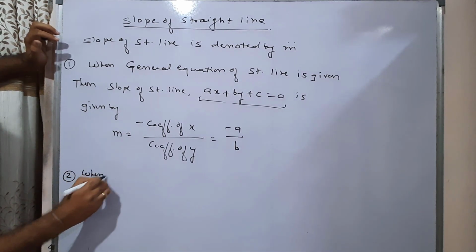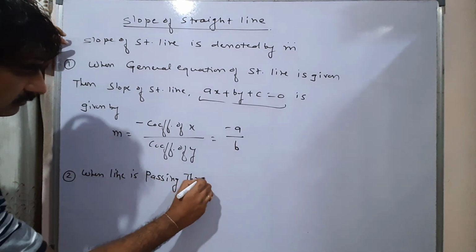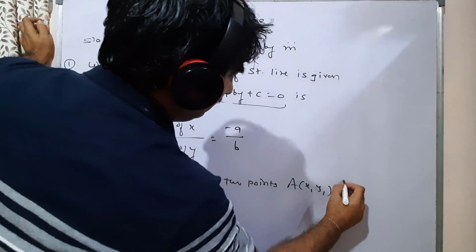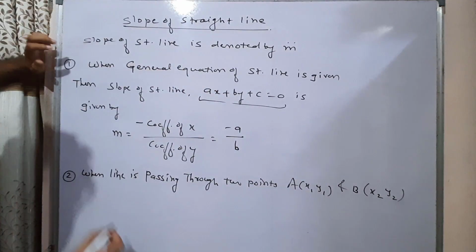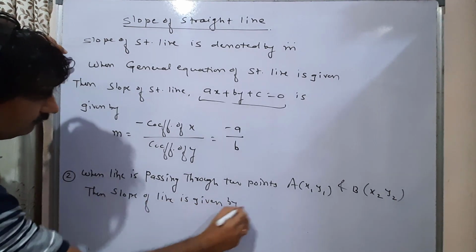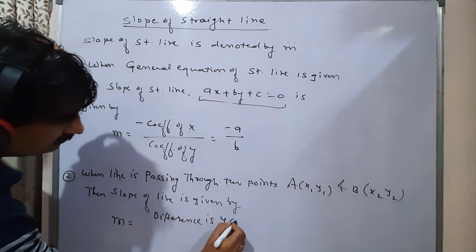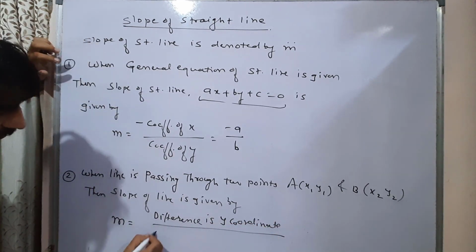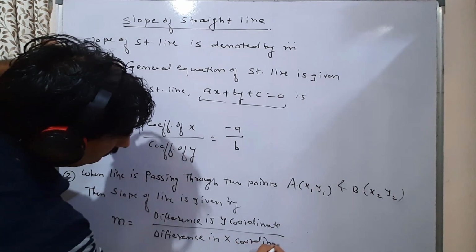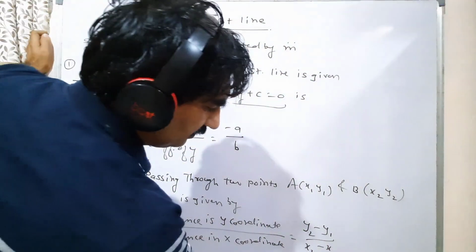Okay. Now when a line is passing through 2 points A(x1, y1) and B(x2, y2), then the slope of the line is given by m equal to difference in y coordinates upon difference in x coordinates. Difference here means y2 minus y1 upon x2 minus x1.